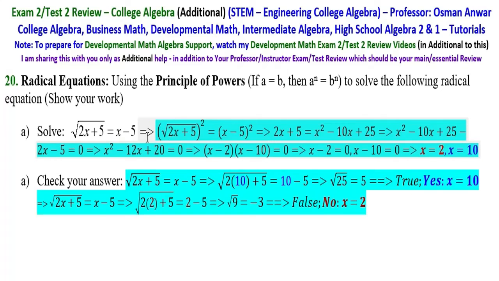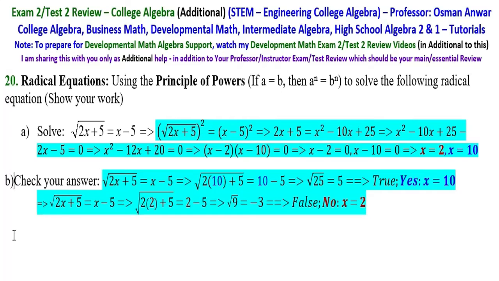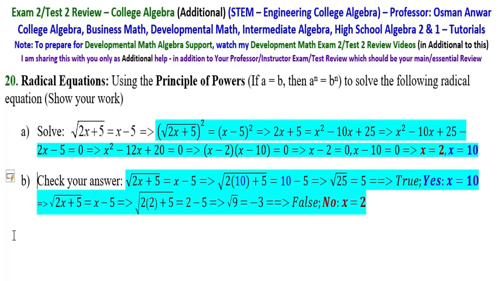Now when you square both sides, you have changed the equation. So now we have to check. So to check, this is square root of 2x plus 5 equals x minus 5.